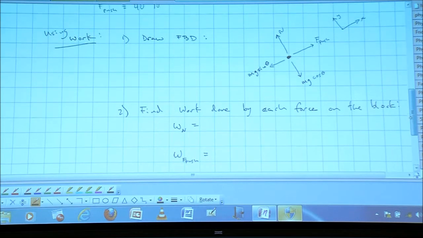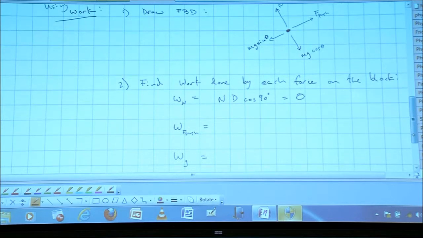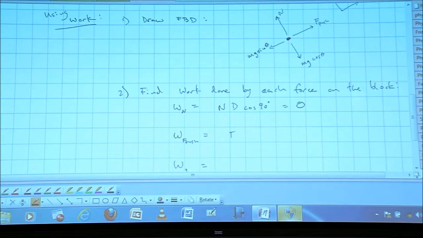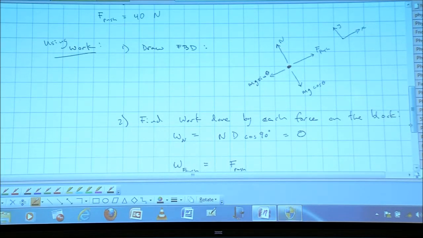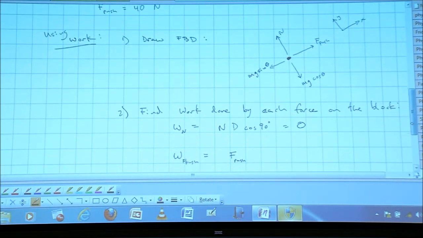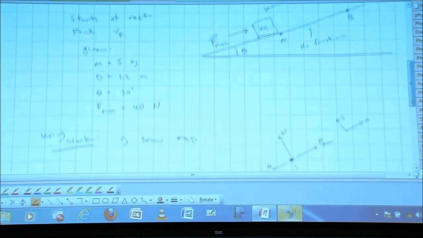Normal force, let's start with the easy one. 0, because it's the normal force times the distance times the cosine of 90 degrees, right? Work done by the pushing force. What is it? It's the pushing force multiplied by the distance d multiplied by cosine of 0, right?